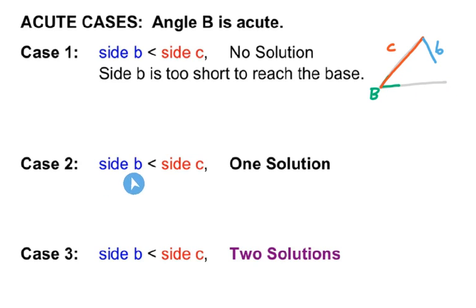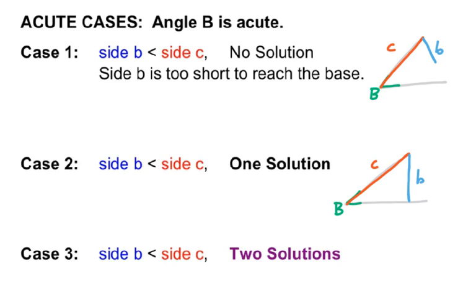Now, again, we could have a situation where B is shorter than C, but just long enough to reach down here. Okay, so what would that look like? We still have our same situation. I've got my angle B. Side C is longer than B, and B reaches down just enough to touch.